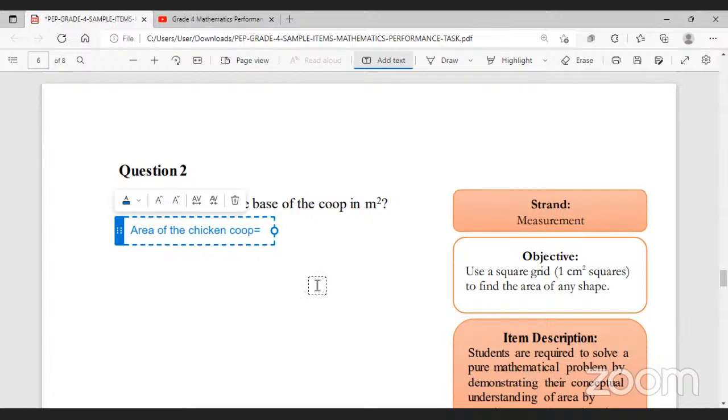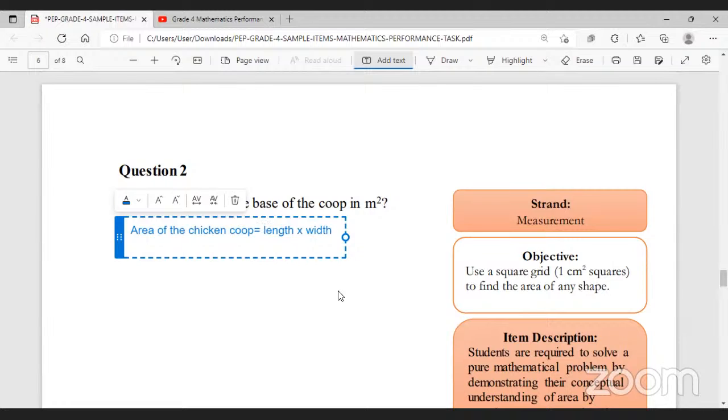By the shape of it, they're not equal lengths or equal widths, so it would be a rectangle. It already says it's a rectangular base. So we'll multiply the length by the width.